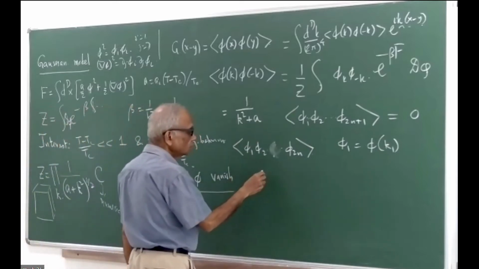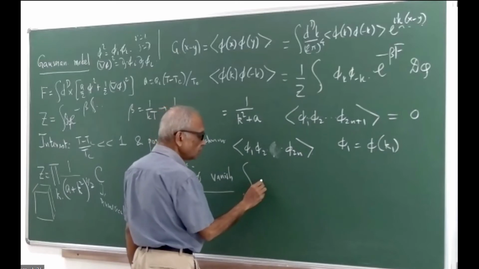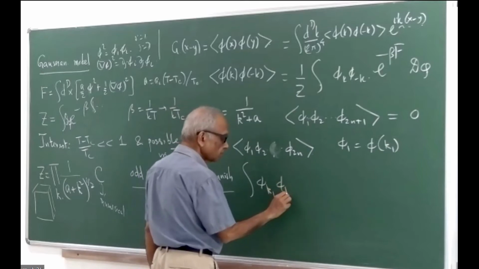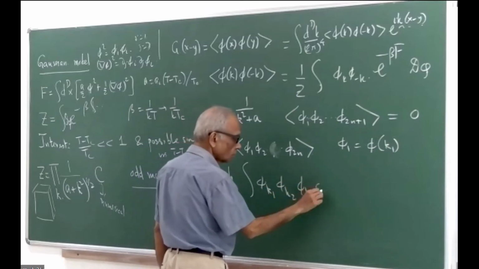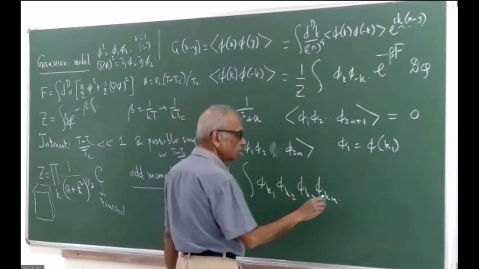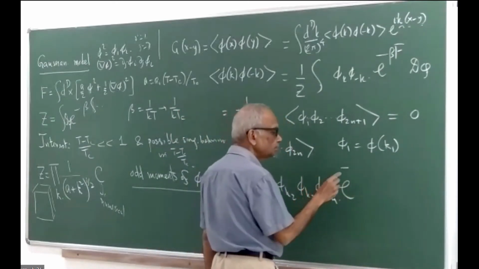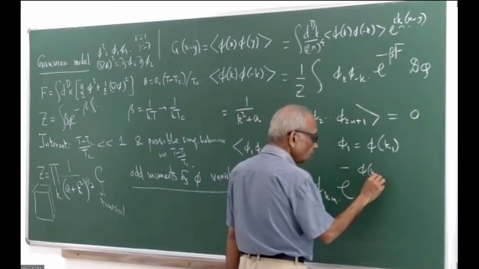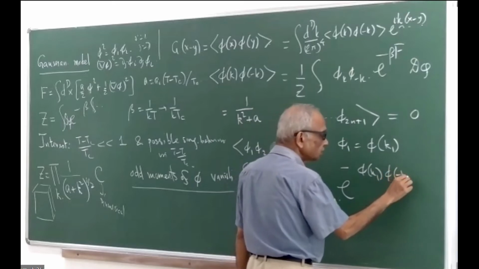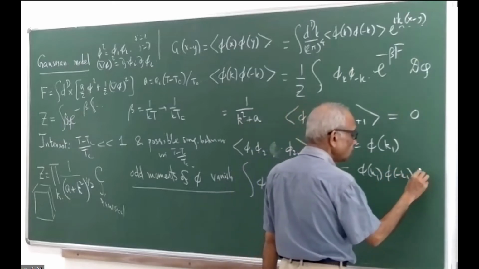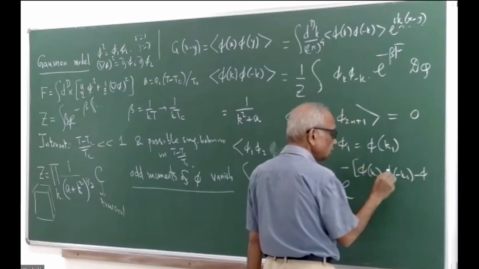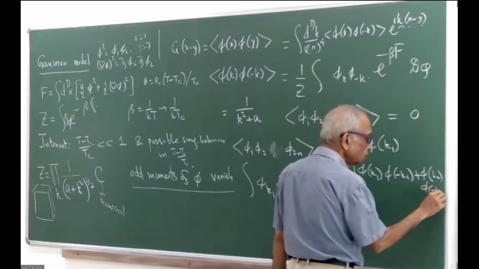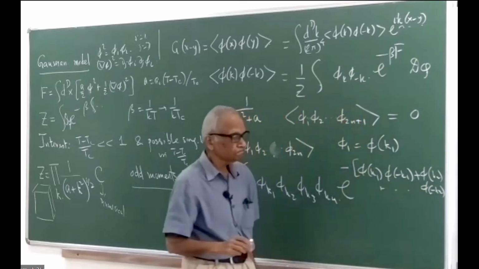When you write this string, on the top I have e to the power things, phi k1, phi minus k1, phi k2, phi minus k2, plus similar things.